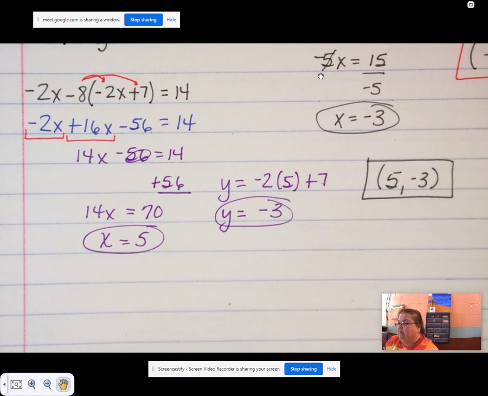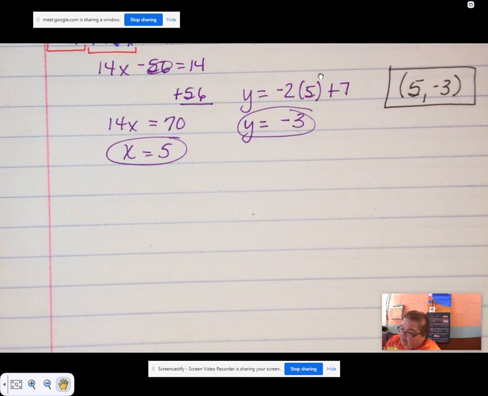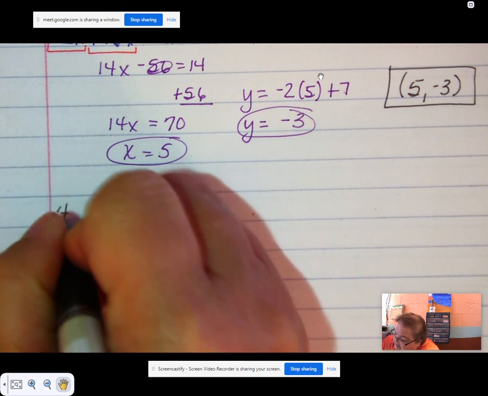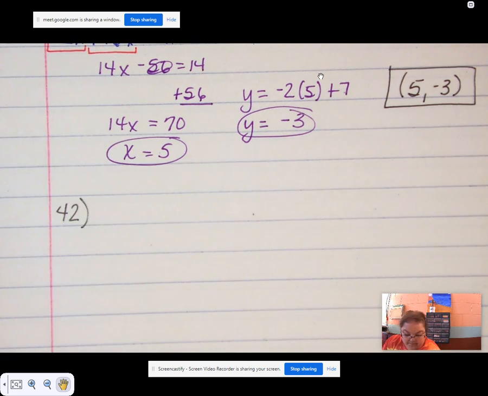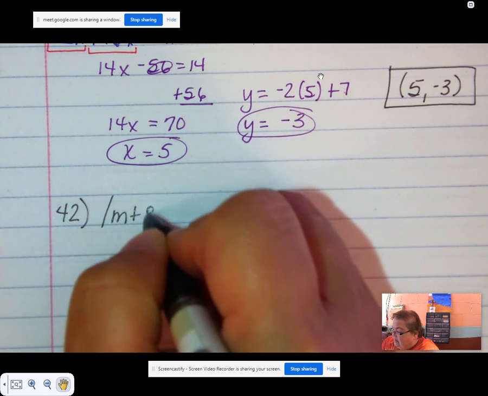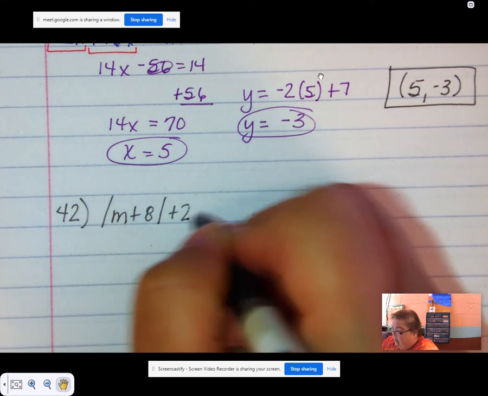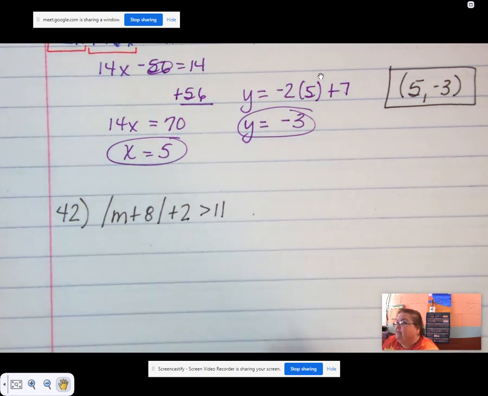All right, so elimination, substitution, we talked about those things. All right, now we're going to solve the inequality. Look at number 42, please. The absolute value of m plus 8, plus 2 is greater than 11.